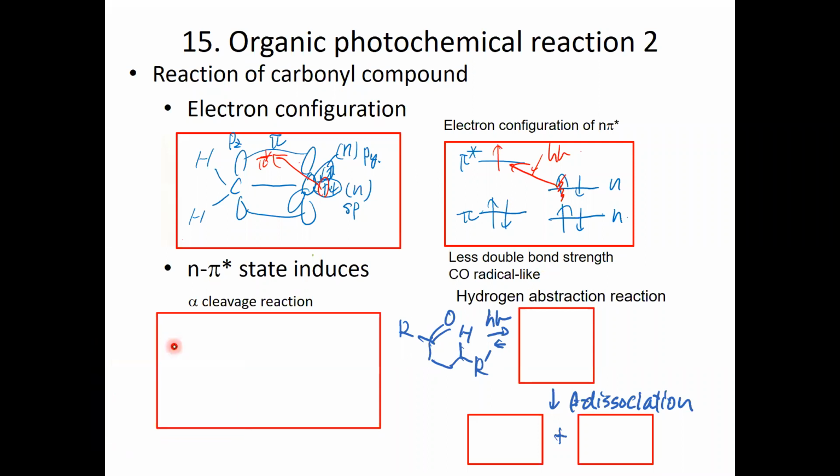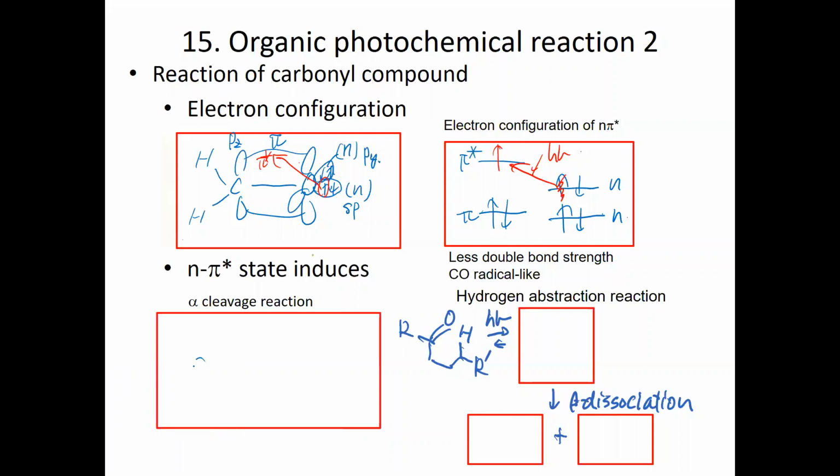And as we studied, this n-pi-star excited state has two typical reactions called Norrish type 1 and type 2 reactions. One of them is the alpha cleavage reaction.